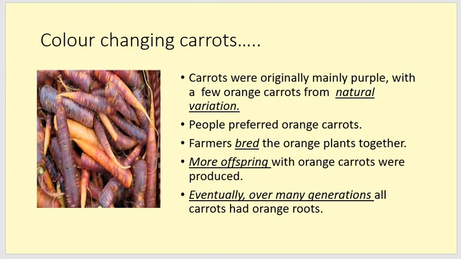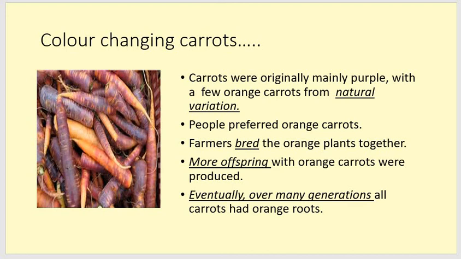Now the order of the events here is important, so you need to notice what was the original condition. Then you need to think what is the desired or preferred condition. Then, after that, you're thinking about breeding, you're thinking about offspring, and you're thinking about an eventual change over many generations.